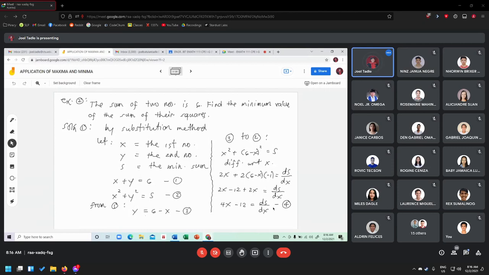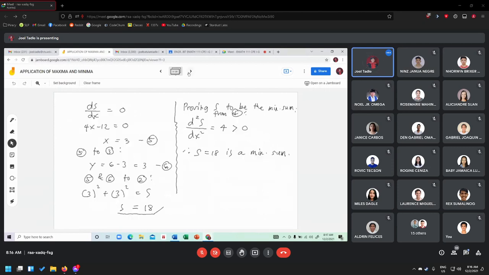Then after that, equate to 0. Once equated to 0, we can solve for the value of the unknown variable x. So x is equal to 12 over 4, which is equal to 3. Then substitute this value back to equation number 3 to determine the value of y.